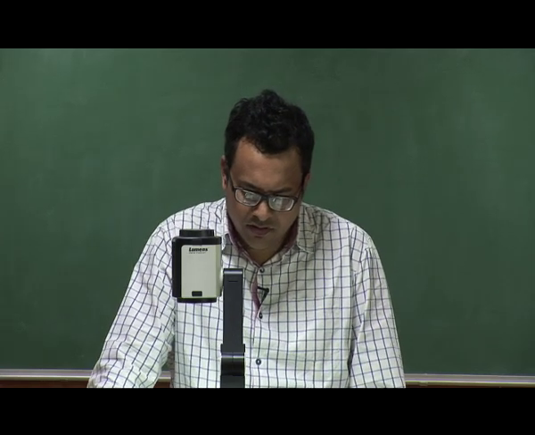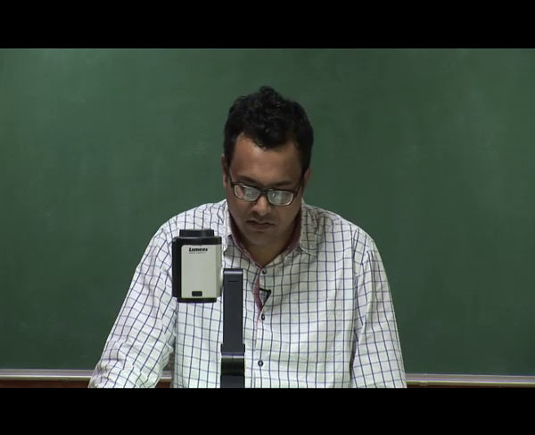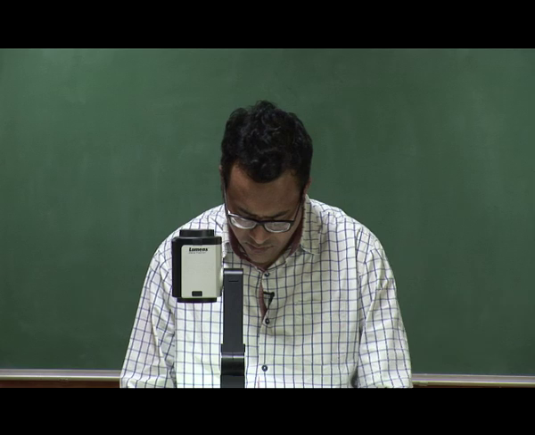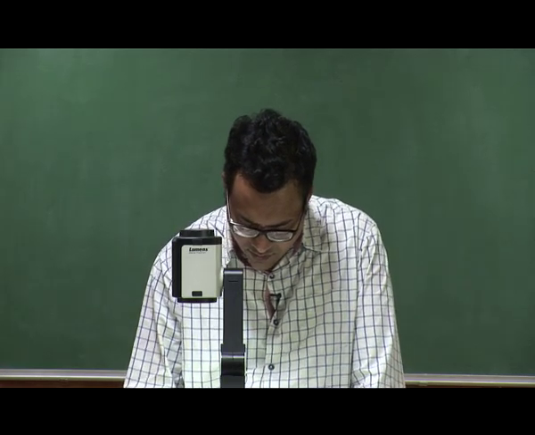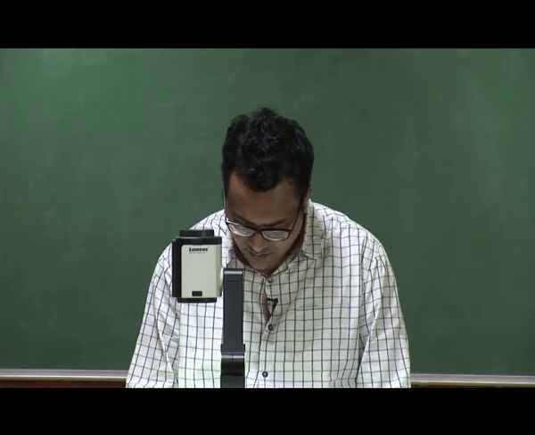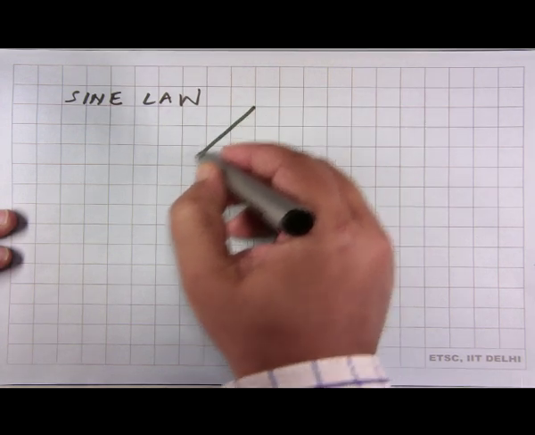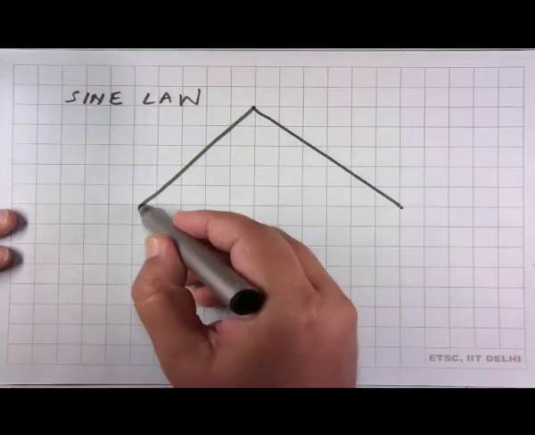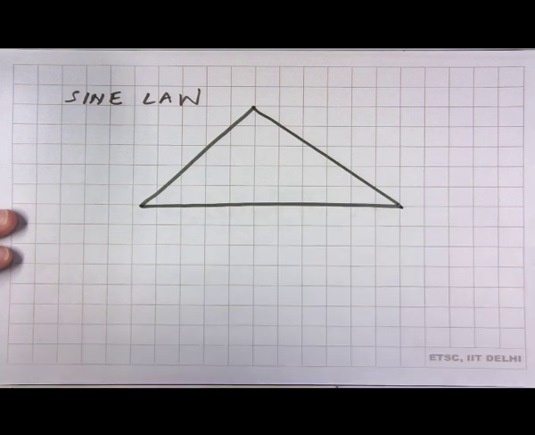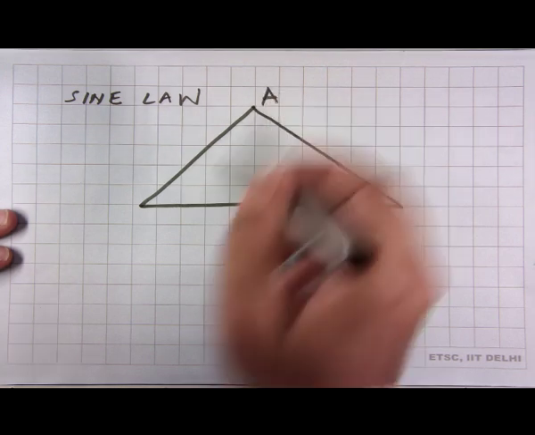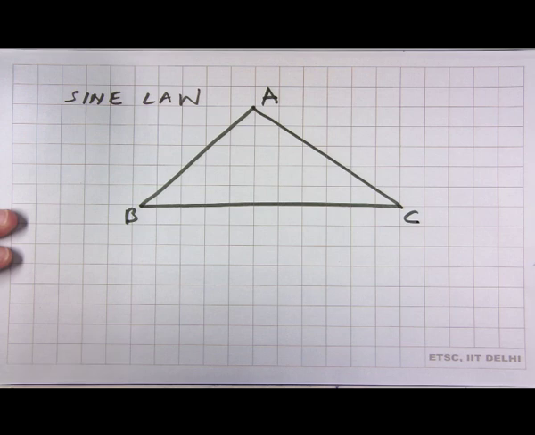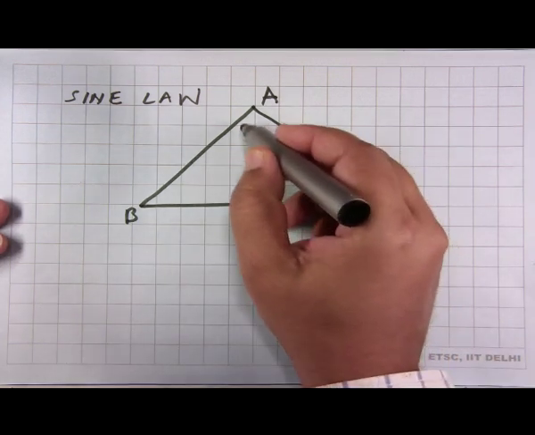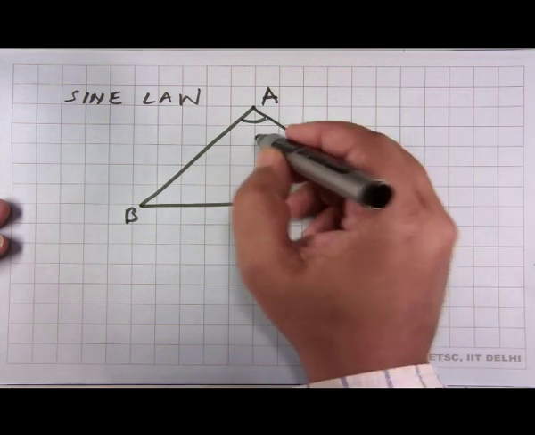So, the very first fundamental relation which comes to mind is known as the sine law, and what it states is that, suppose we have a triangle ABC whose corner points or vertices are A, B and C, and we shall also be denoting the angles.